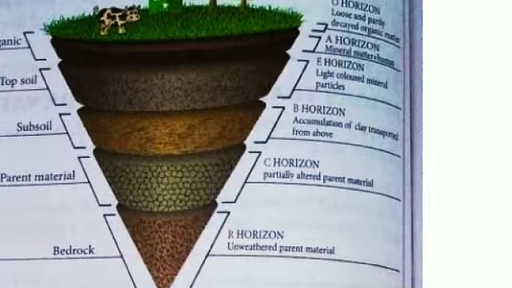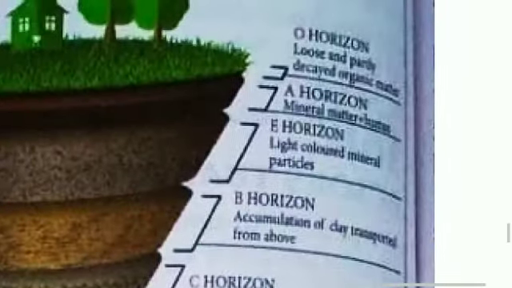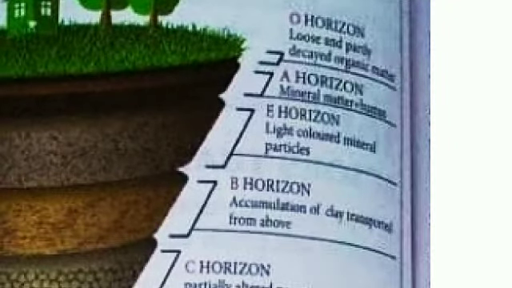But it is divided into: first, the uppermost layer is the O horizon, loose and partly decayed organic material. A horizon, minerals found there.